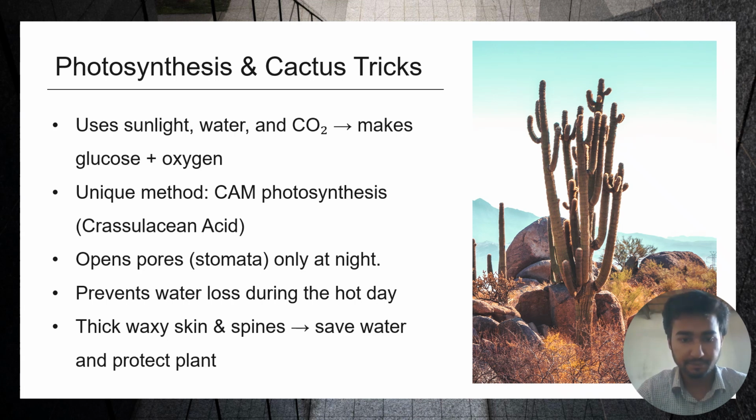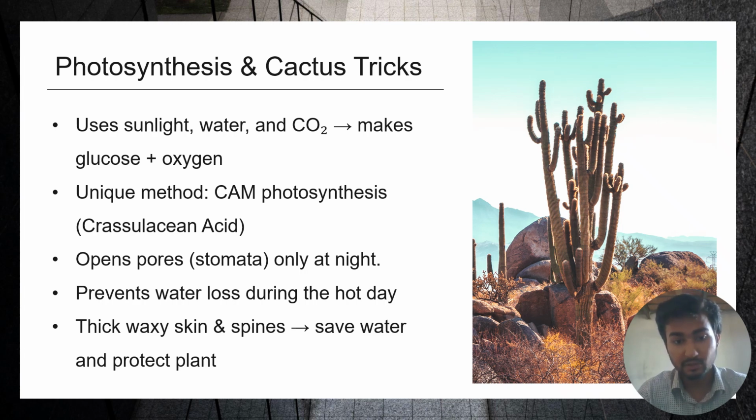It's not just that; it also has a thick waxy skin and spines. Usually other plants have leaves, but cactus has spines. These allow them to save water as well as protect the plant, so this allows them to preserve their water.